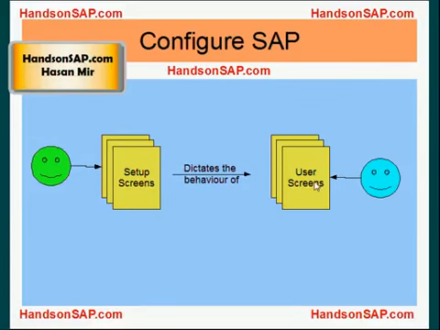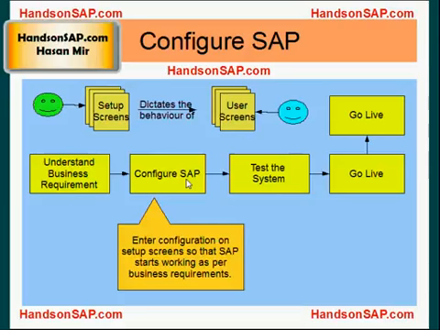Okay, so setup screens dictate the behavior of end user screens, and you can say that setup screens dictate the behavior of the whole application, because the application consists of end user screens. Okay, so having said that, in the configuration part, you enter configuration on setup screens so that the SAP application starts working as per business requirements.